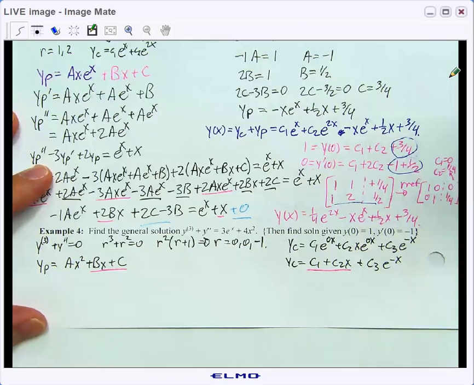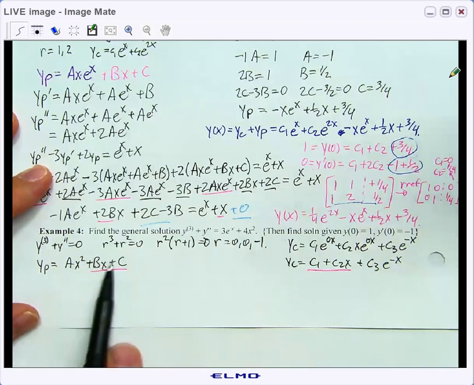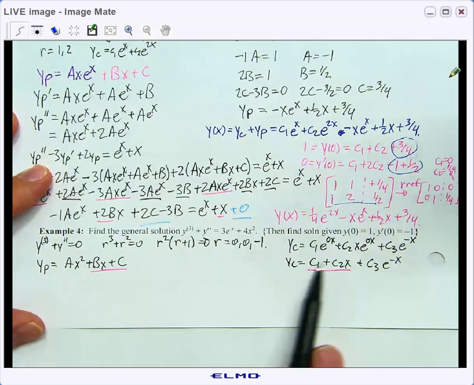So what we need to do is adjust our particular solution so that it and its derivatives don't have any duplication with the complementary solution.